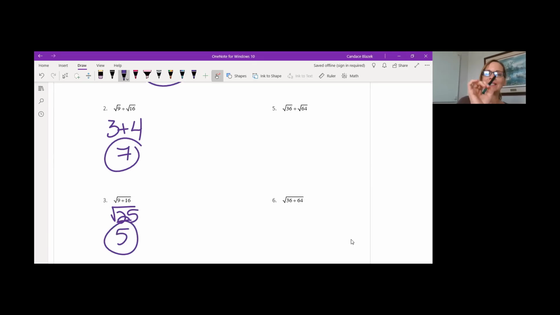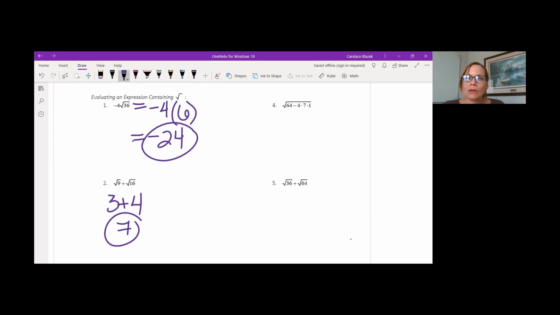So notice we got different answers. And the conclusion I want you to make from this is that the square root of A plus the square root of B does not necessarily equal the square root of A plus B. We can't say that they are going to be equal. So we have to simplify first, and then we can combine terms. Let's go on to number 4 up here.